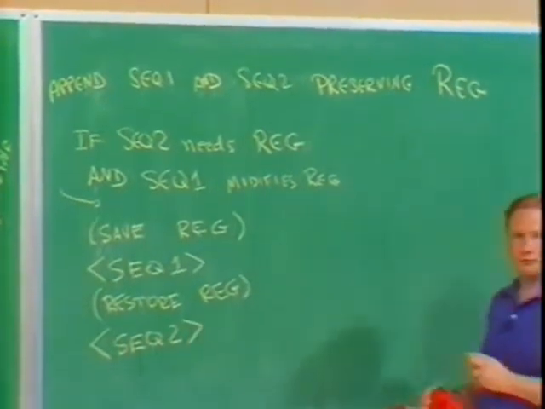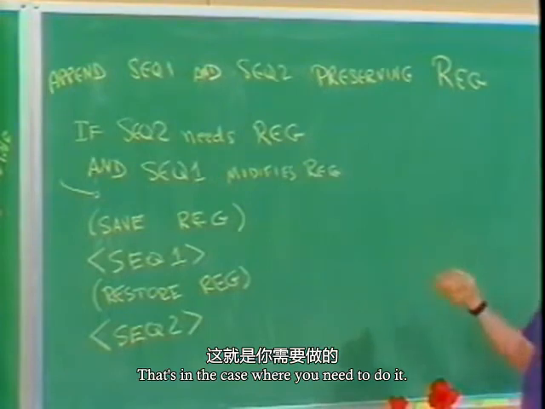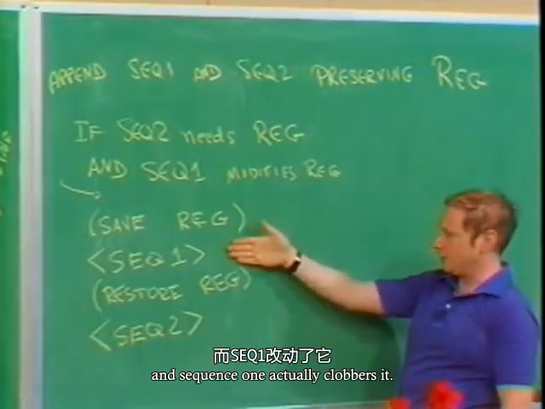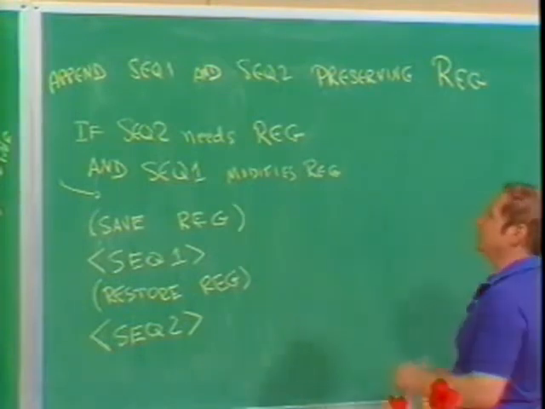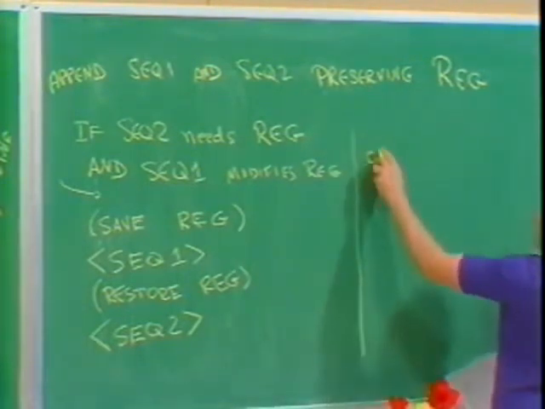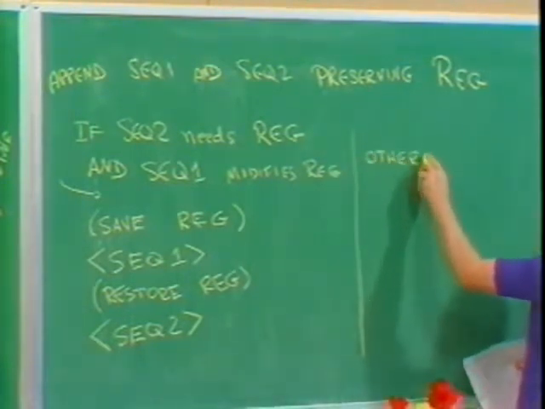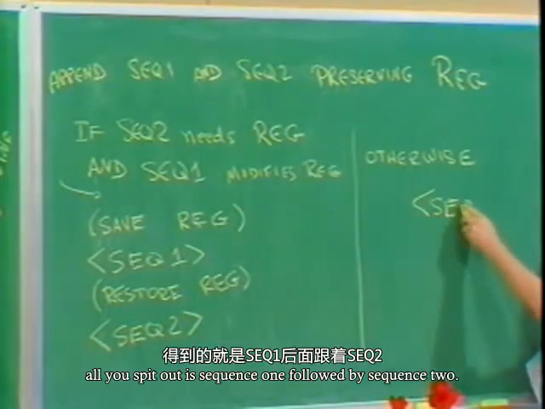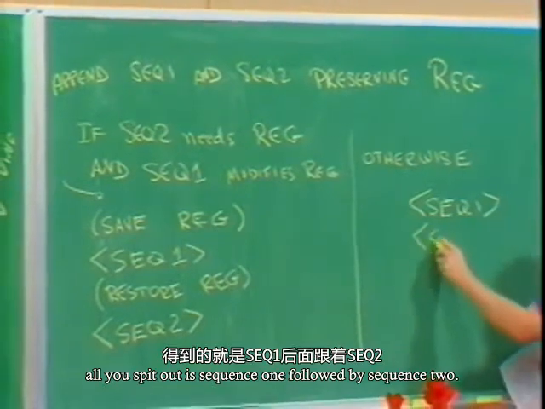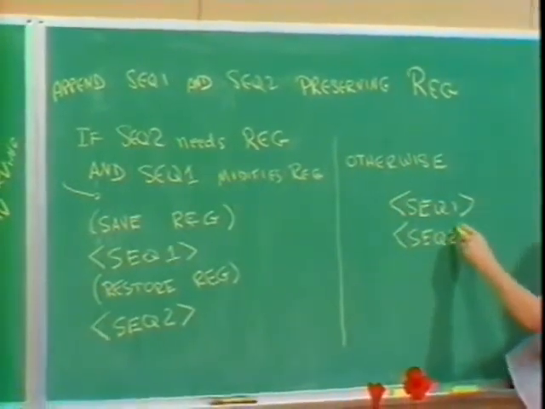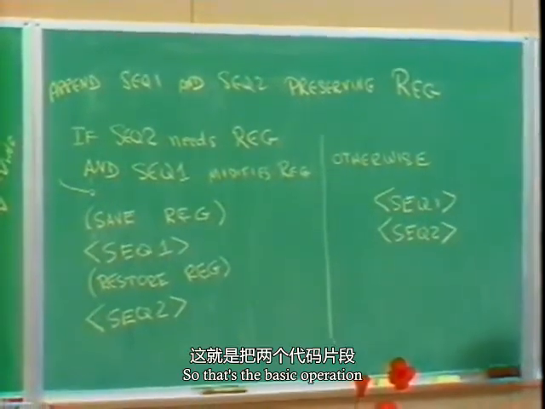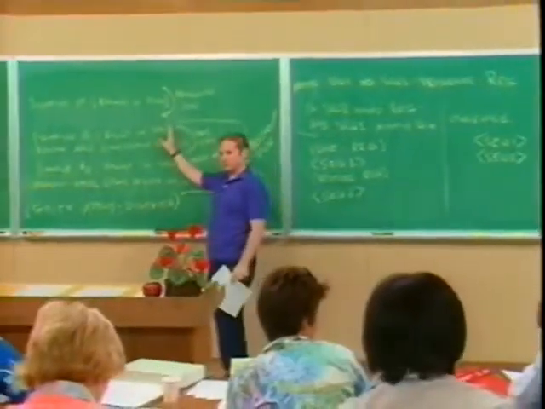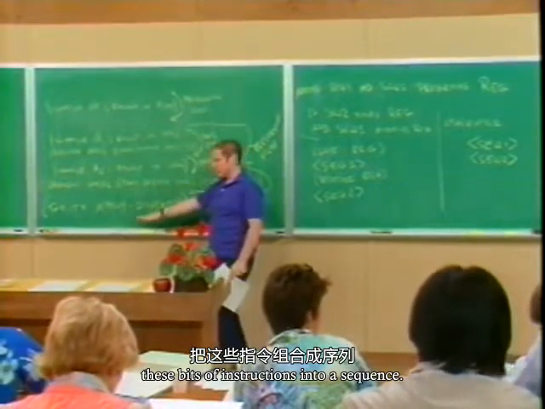That's in the case where sequence 2 actually needs the register, and sequence 1 actually clobbers it. Otherwise, all you spit out is sequence 1 followed by sequence 2. So that's the basic operation for sticking together these bits of instructions into a sequence.